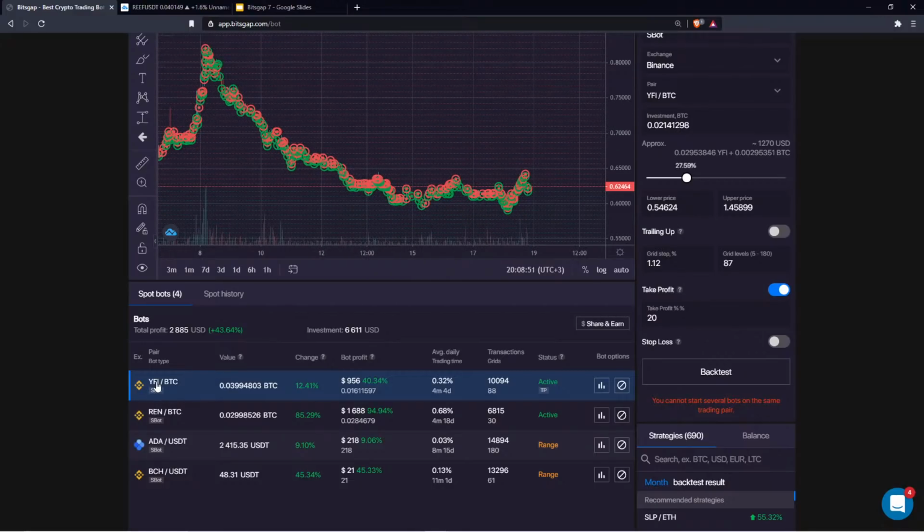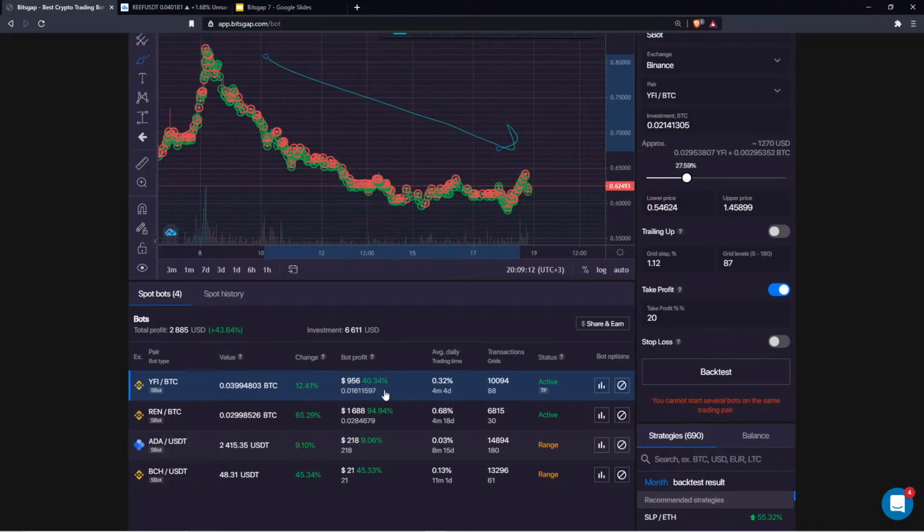So that means that the value of UFI has significantly depreciated relative to Bitcoin. And that's why I only have 12%, because basically as the price falls, this is a loss for me. And this loss is offset by the profit generated by the bot, sorry.